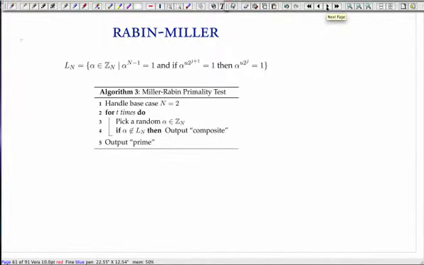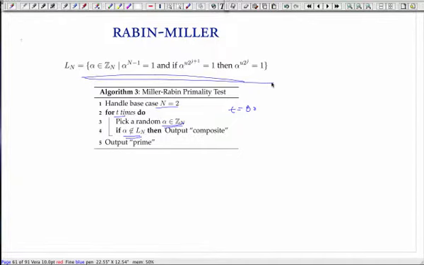It's a 4-line algorithm. Aside from base cases, for t, where t here was 80, you're going to pick some random number and check whether that number is in this crazy set. Okay? And this crazy set essentially amounts to checking whether a to the n minus 1 is equal to 1 or not.